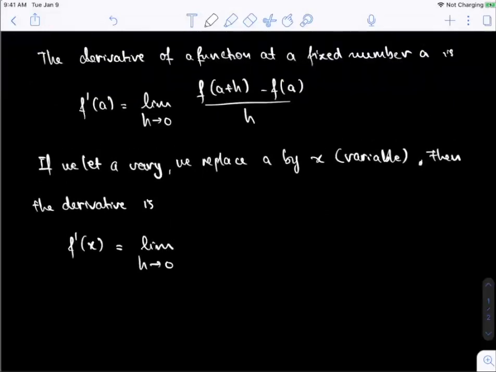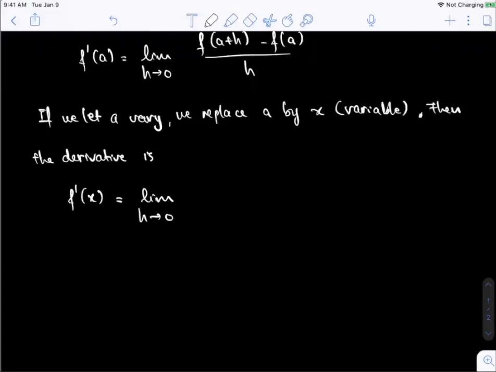The formula should be very much the same, right? You just replace A by x. A is a fixed constant, x is a variable. You can substitute anything into the place of x, right? So f prime of x is equal to the limit as h approaches 0 of f of x plus h minus f of x over h.